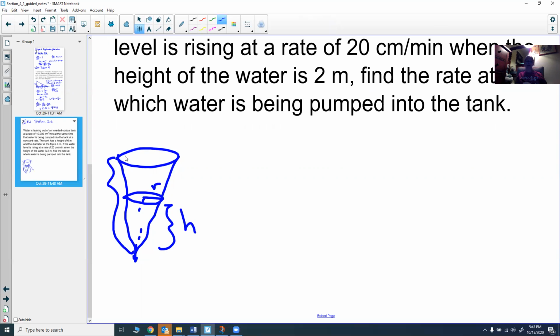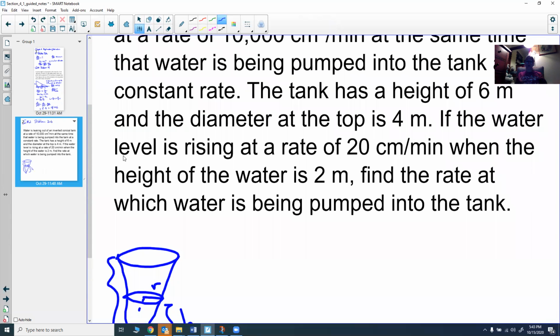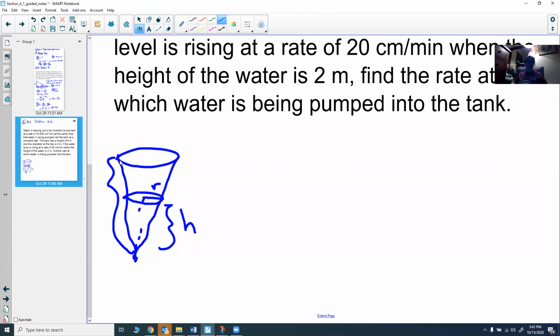The height of the conical tank was 6 meters, and the diameter at the top is 4 meters. So we know this is 6 meters, and we know the whole length here is 4 meters. So the radius would be 2 meters. So we know that. We have that information. We can work with it.